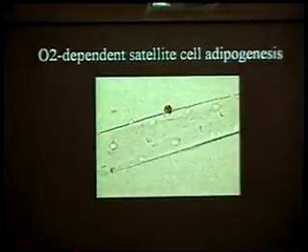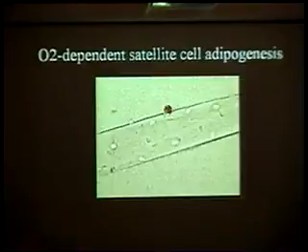Which led me to think that my friends, the satellite cells, could also be the source of fat in our cultures. And sure enough, when we go back and stain for fat using oil red O, which picks up triacylglycerides, the satellite cells are 6 times more likely to make fat in 20% oxygen than in low oxygen.